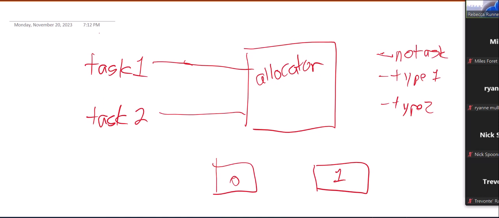All he wants you to do is to look and see if the station is available. And if the station is available, it will assign a task. And if it's not, it won't. And so there will be an input coming from the stations to the allocator, and that's called R. For me, I called it R0 and R1.